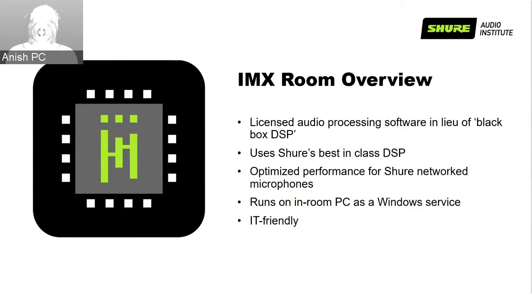It expertly mixes high-quality audio across all the channels of in-room Shure networked microphone devices. The IntelliMix Room runs as an exceptionally well-behaved Windows 10 service that replaces your equipment rack completely. It leverages your investment because it is installed within the in-room conferencing PC that hosts your video conferencing software.